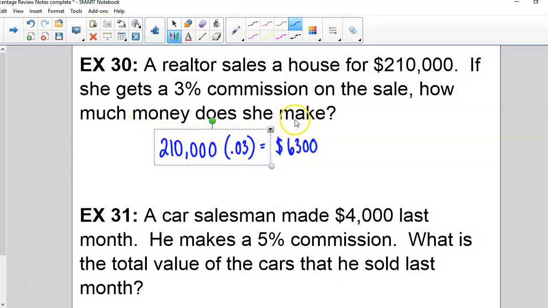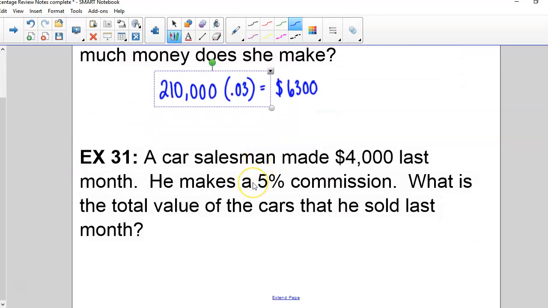Okay. All right. So, a car salesman made $4,000 last month. He makes a 5% commission. What is the total value of the cars that he sold last month? How much? No. 80,000. I think so. I think it's 80.